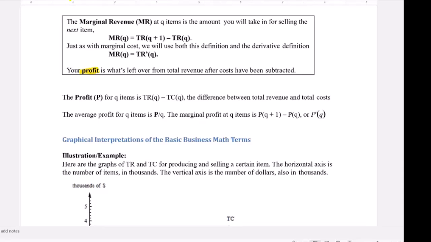So an equation for the profit is the total revenue minus the total cost. The average profit should be familiar: it's the profit per item. The marginal profit is going to equal the profit of selling the next one minus the profit of selling exactly how many I sold, or the derivative.